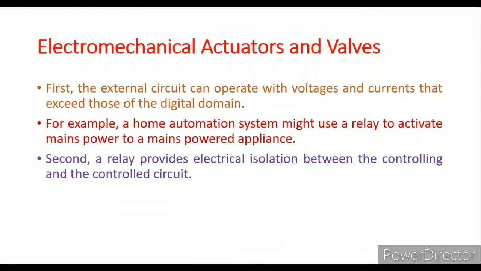The second reason is that a relay provides electrical isolation between the controlling and the controlled circuit. Another simple example to understand this is the concept of a fuse. It controls the flow of huge current between devices. If a fuse blows, it indicates that there was a huge current, so the fuse went off and the switch gets turned off.